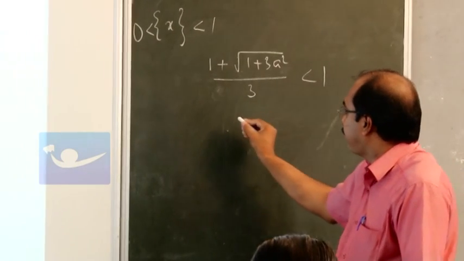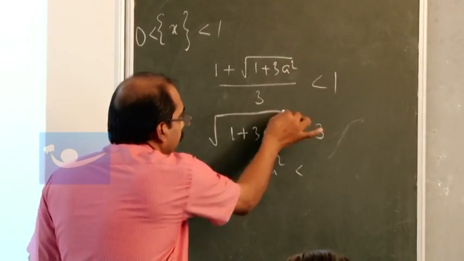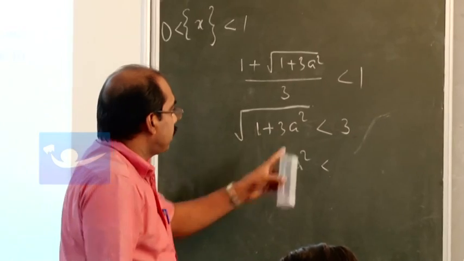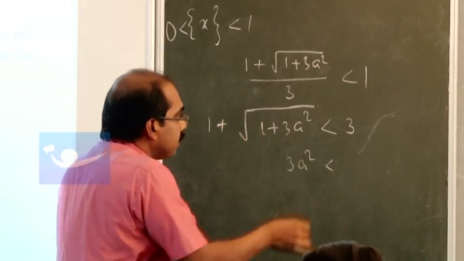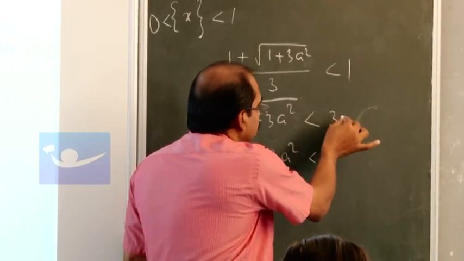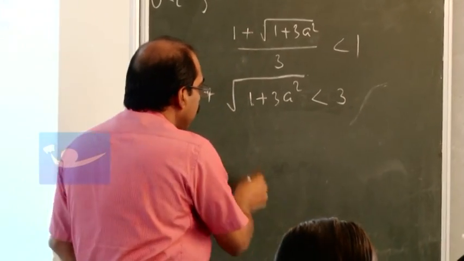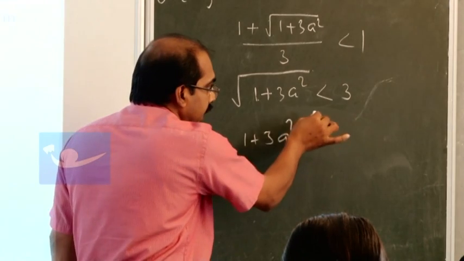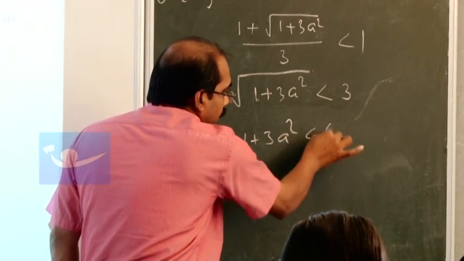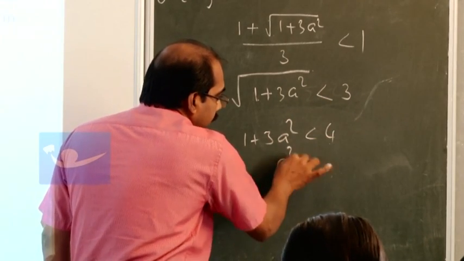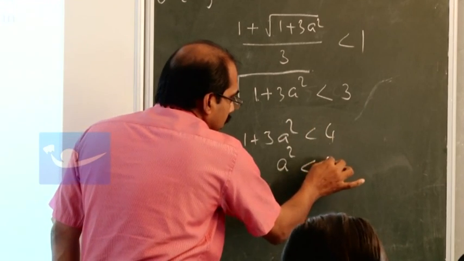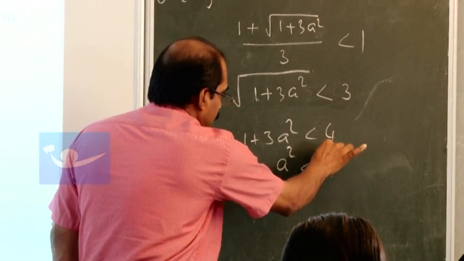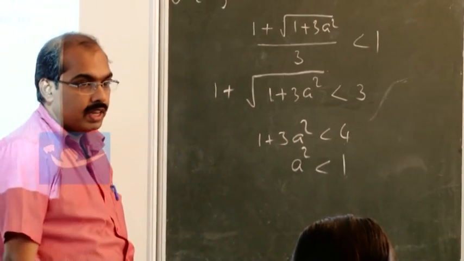So, we have 1 plus root of 1 plus 3a square is less than 3, and from here we can have root of 1 plus 3a square less than 2, whose square is going to be 4. So, we will have a square is less than 1.